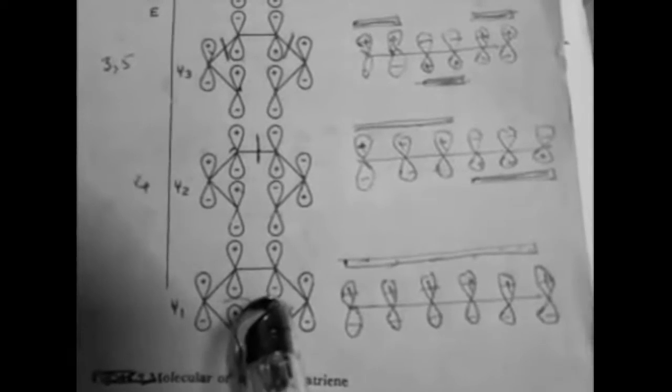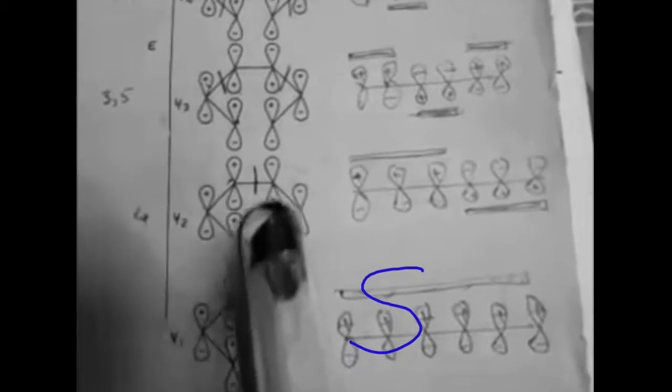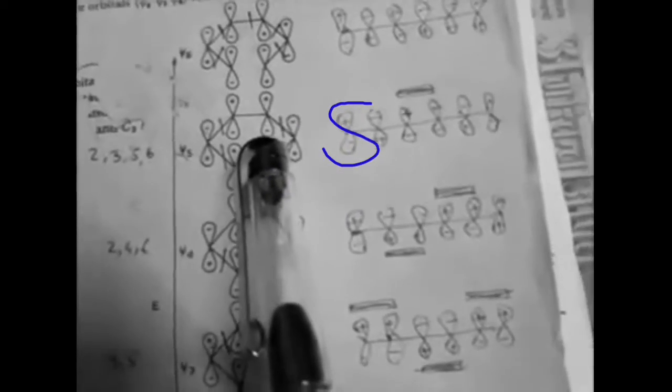Now symmetric properties of hexatriene. Again, we are going to concentrate on these two orbitals, only these two orbitals. So with respect to mirror plane symmetry, this is symmetric. This one, Psi2 orbital, is asymmetric, Psi3 is symmetric, Psi4 is asymmetric, Psi5 is symmetric, and Psi6 is asymmetric.